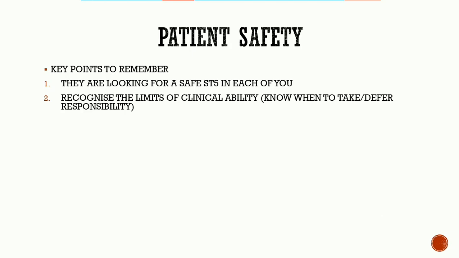You should be able to recognize the limits of your clinical ability. That is, you should know when to take or defer responsibility. I will give you examples for each of the points that I'll be making so that it is easier for you to understand. So in this particular scenario, let's take the station of labor ward prioritization. In this station, you do have a lot of cases given, each with a different level of urgency.